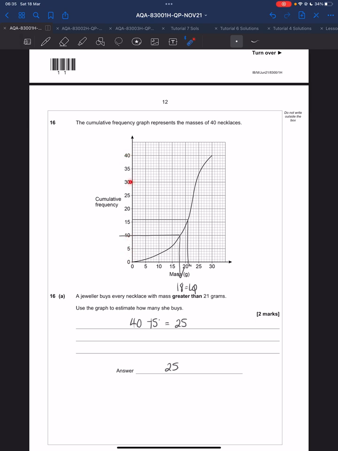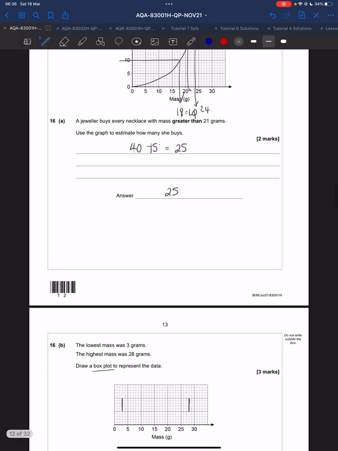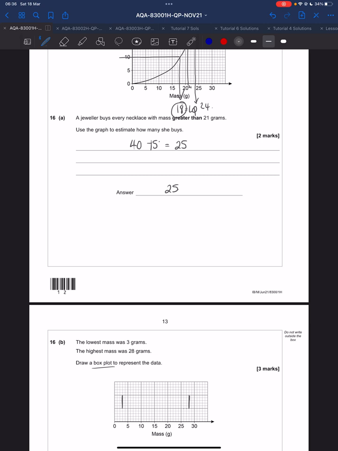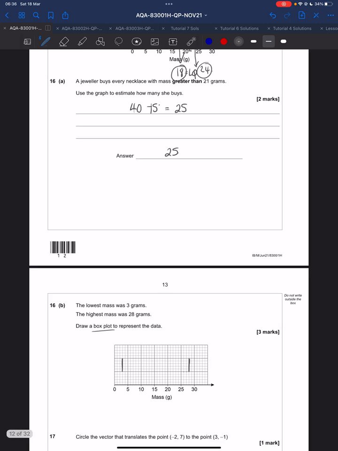The upper quartile is 3/4 of the way up, so that's going to be 30, that's 24. I'm going to read off the 30. So I need a box around 18 and 24.